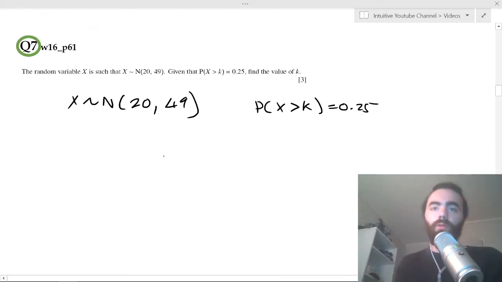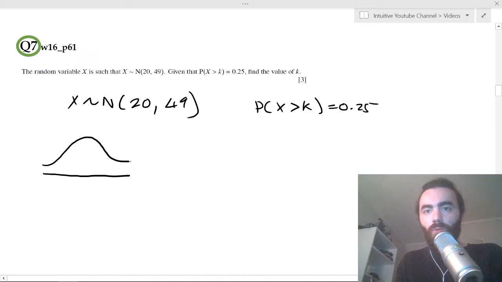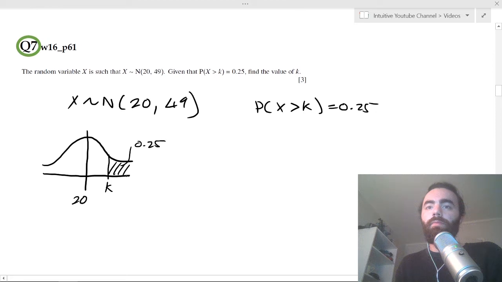Again, we simply draw out the situation. So we've got 20, and this is k, and this is 0.25. And I know it's on the right side because the area of half of it is 0.5.